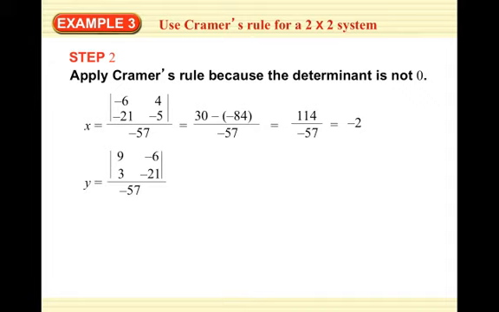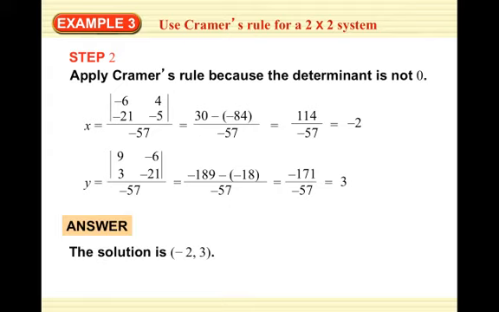And then we put E, F in the second column, our constants, so negative 6, negative 21, and then we do the determinant. 9 times negative 21 is negative 189, minus 3 times negative 6, which is negative 18. Negative 189 minus negative 18 is the same thing as negative 189 plus 18. And that gives us negative 171 divided by negative 57, and that gives us 3. The solution then is negative 2, 3.